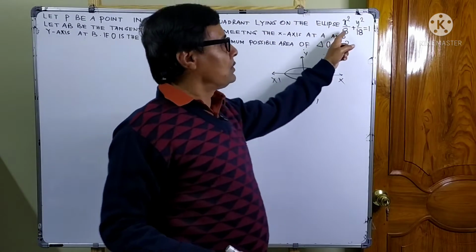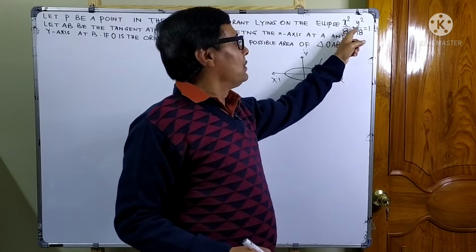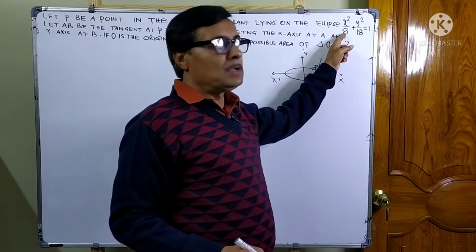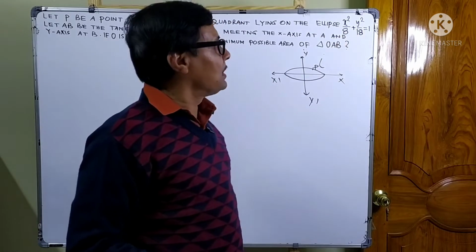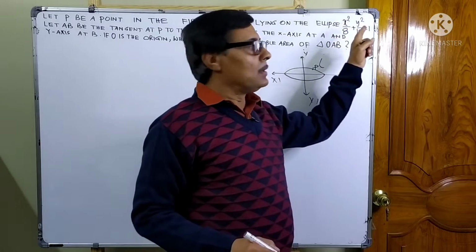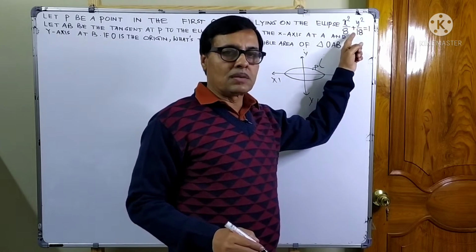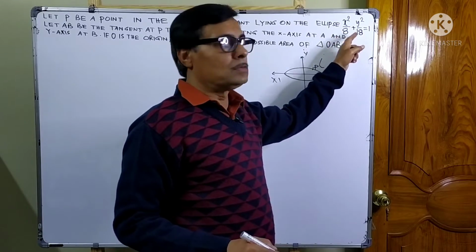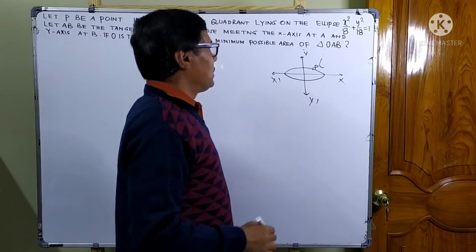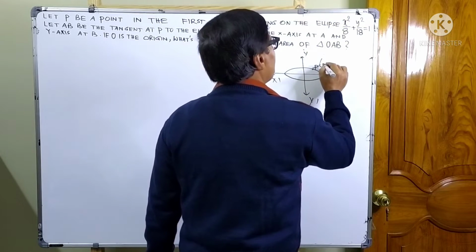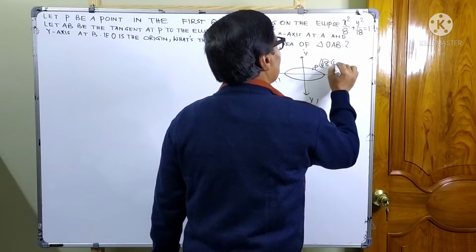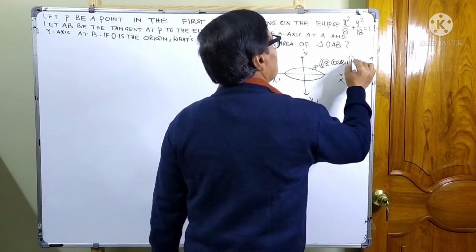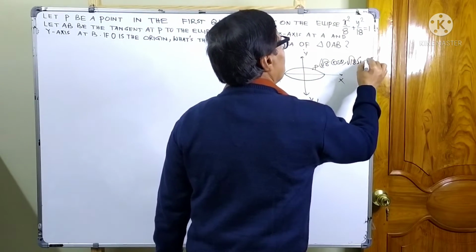Here a is root 8, the length of the semi major axis, and b is the length of the semi minor axis. Here a is root 8 and b is root 18. So the parametric coordinate is a cos theta, that is root 8 cos theta, and b sin theta, that is root 18 sin theta.